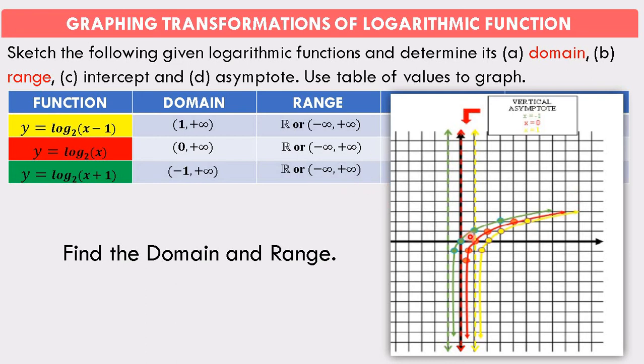We have the vertical asymptotes negative 1, 0, and 1, then up to positive infinity. The restriction is up to the asymptote, and to the negative infinity. So we have these domains: 1 to positive infinity, since the vertical asymptote is 1. Next, 0 to positive infinity, since the asymptote is 0. And negative 1 to positive infinity, since negative 1 is the asymptote. And 1, 0, and negative 1 are not included.